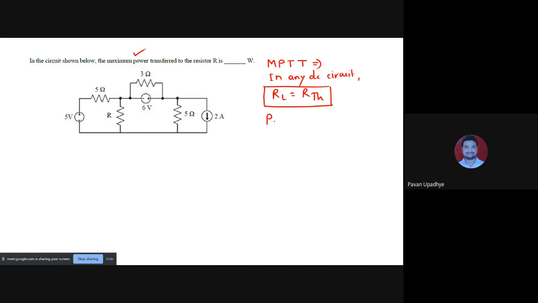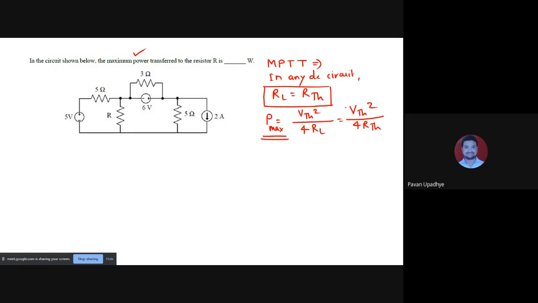The maximum power that can be delivered in such a case is found by derivation to be VTH square by 4RL, which ultimately means VTH square by 4 into RTH. So we have to find the value of maximum power transferred to the resistor, P max.